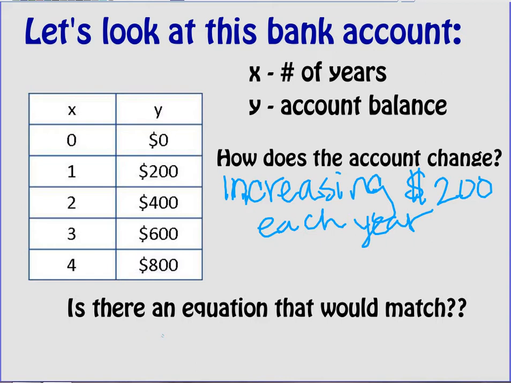So I'm looking for how I can get my Y value from my X value. The same thing happens. See if you can see a pattern. How do I get from 0 to 0, from 1 to 200, from 2 to 400, from 3 to 600, and from 4 to 800?